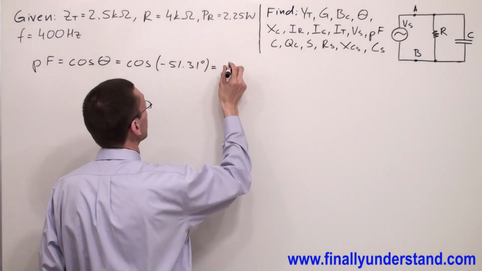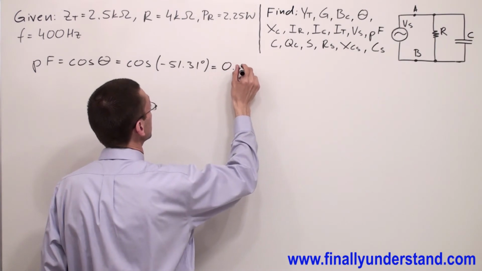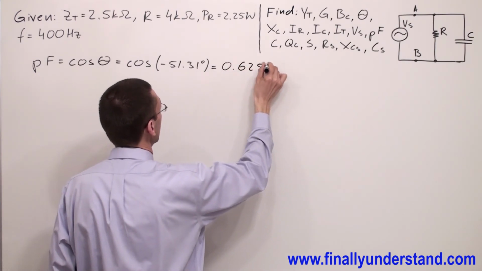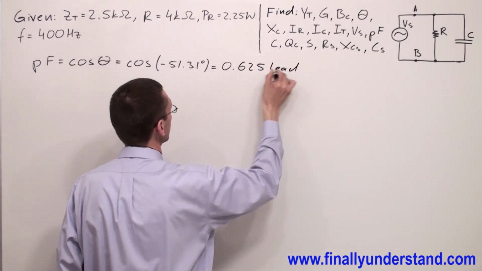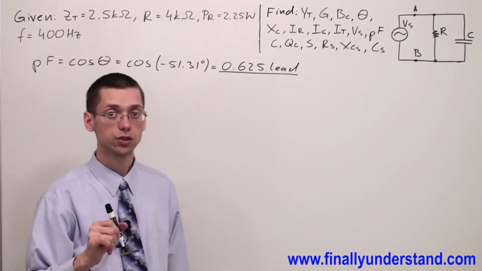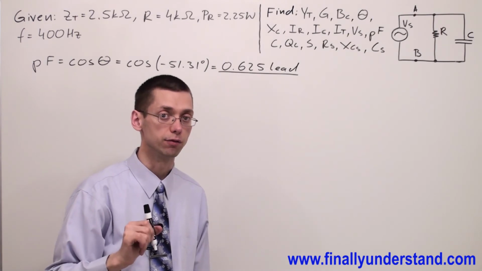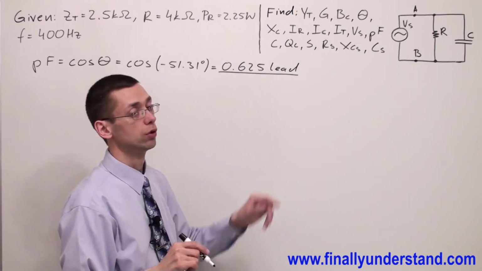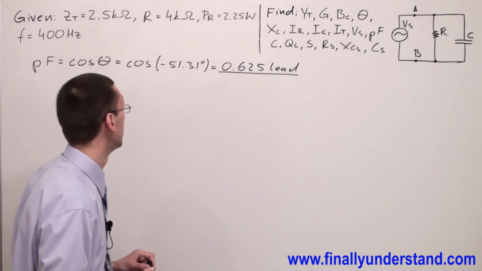This is equal to 0.625 lead, because current in the RC circuit is going to lead the voltage. That's why I'm supposed to write the word lead.